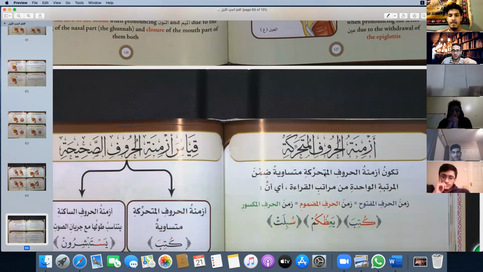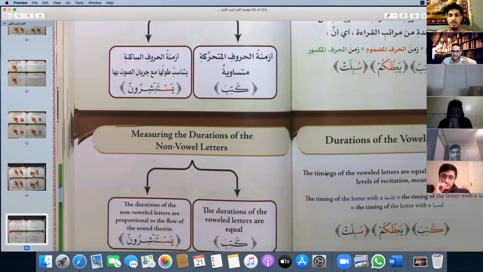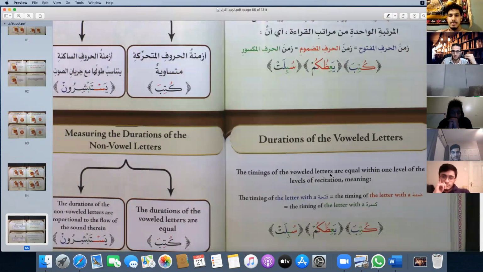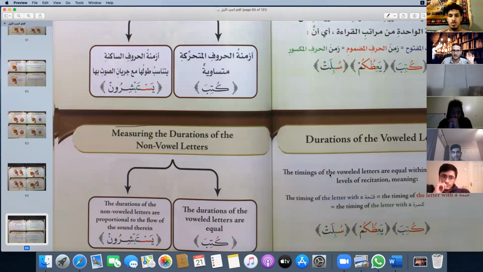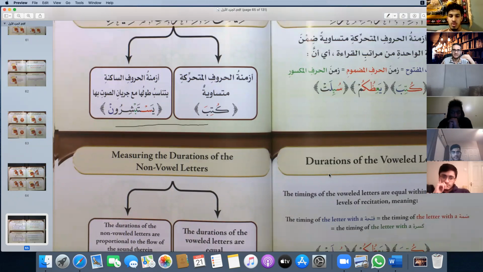Now this part, as I said last time, is very, very important, and we're gonna have an example from the Quran to practice it together. This part affects our recitation. Why?